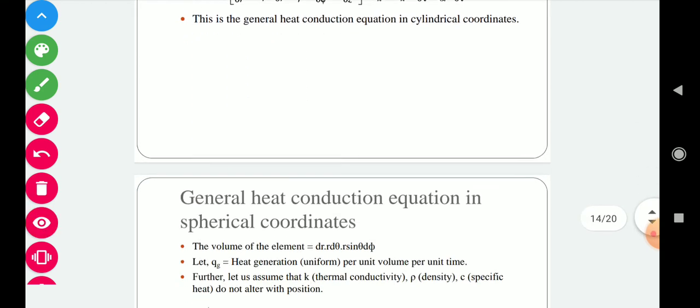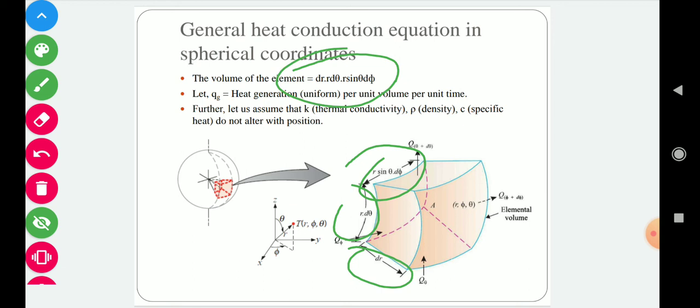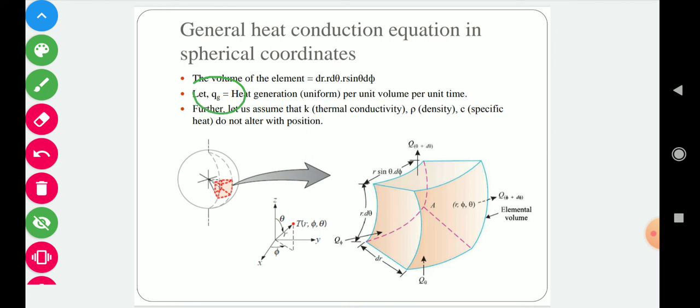Similarly, we can derive the equation for spherical coordinates. Again, if we have a spherical body, we have to assume a control volume. So this is a magnified image of the control volume. Its dimensions are r d theta, dr, and r sin theta d phi. So its volume will be equal to the multiplication of all three dimensions, dr, r d theta, and r sin theta d phi. Again, qg is heat generated per unit volume per unit time.